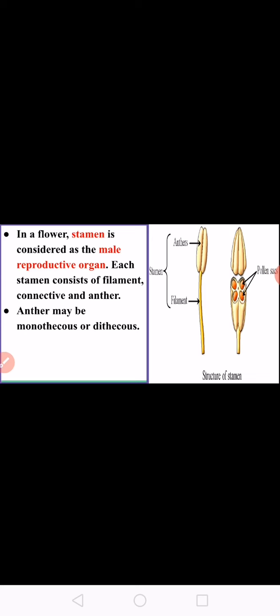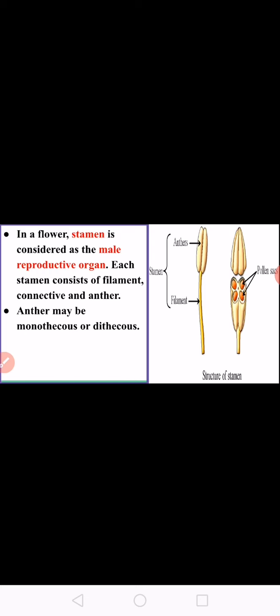So now coming to the reproductive organs of a flower. Here the stamen is considered the male reproductive organ. So stamen is the male reproductive organ of the flower and it is also called androecium.